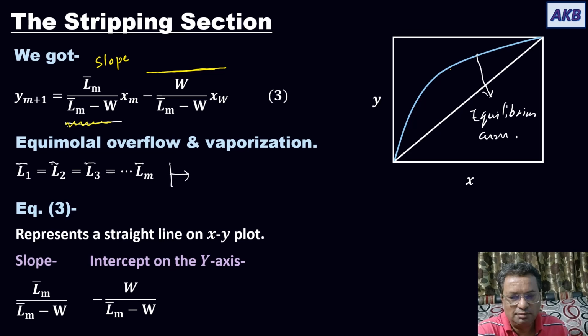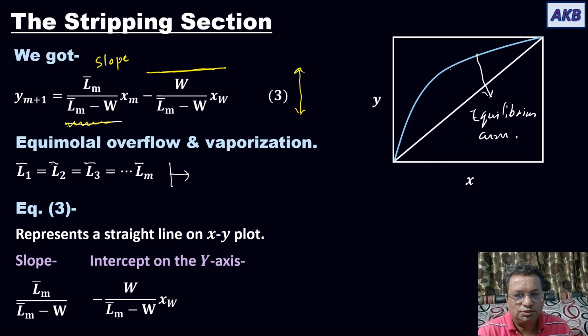Intercept is minus W upon L bar m minus W into xW. So in this way we get the equation for the operating line for the stripping section.